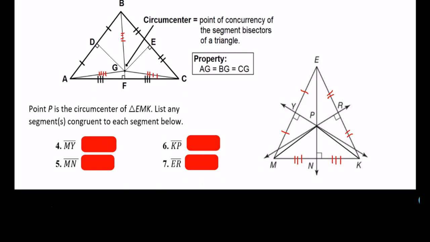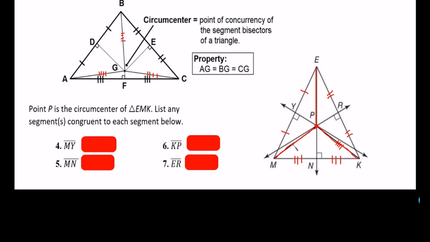I also notice that here we have this line that is meeting right at the circumcenter, and that line is connecting the circumcenter to the vertex. So all these red lines right here will also be congruent to each other.